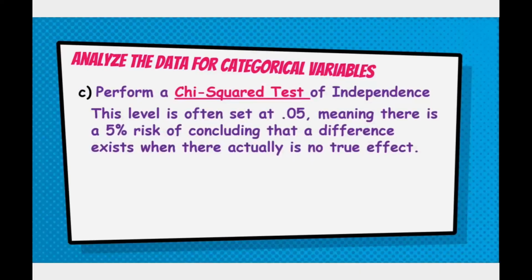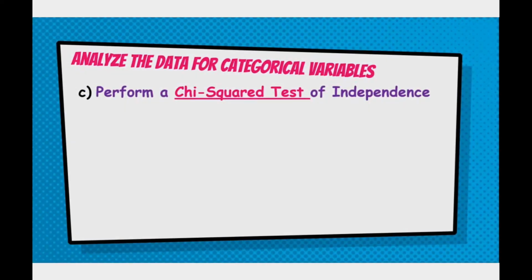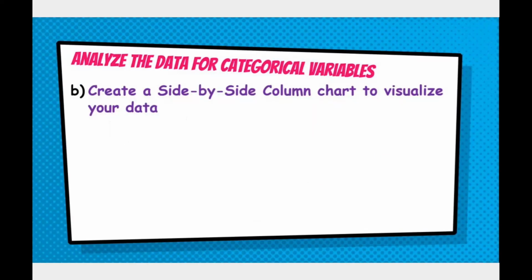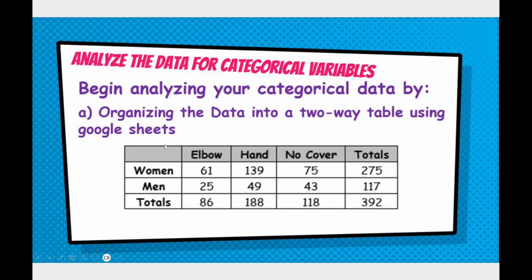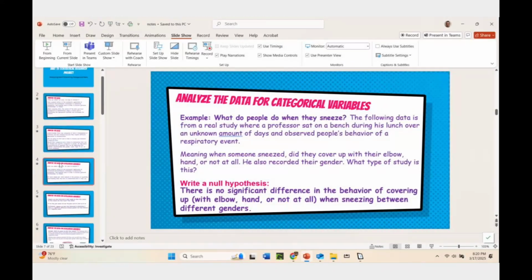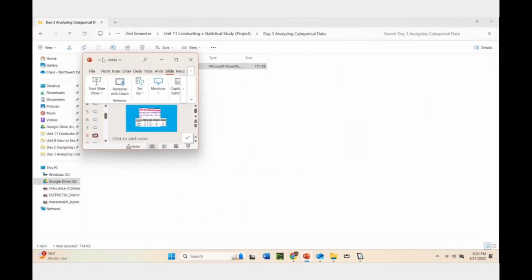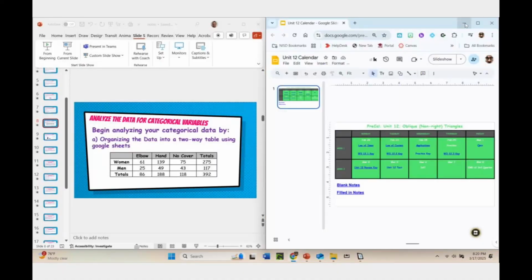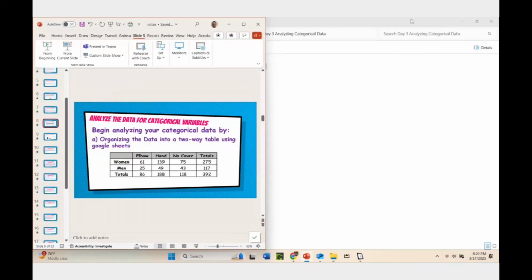If you're doing a categorical variable study, then once you have your two-way table, this is what we're going to do. Let me get to that. I'll pull this over here.